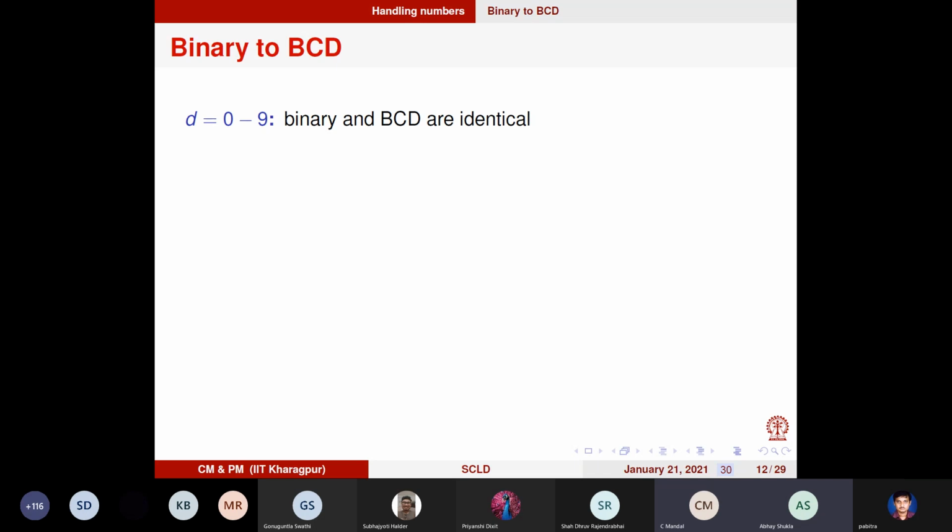So a simple mechanism would be to just have the binary representation of each digit. In fact, that is exactly what binary coded decimal is. As Professor Mitra was saying, say 2022: you have the 4-bit representation of 2, of 0, and again of 2, repeated twice. So it is easy to code.